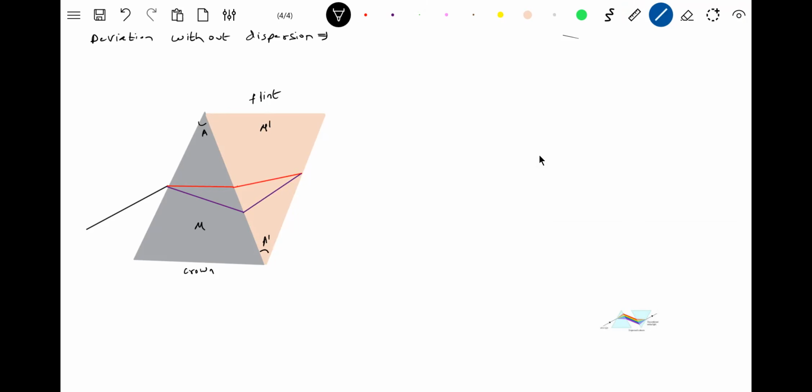And finally we'll get back the white light. If you see these two, there is a deviation.